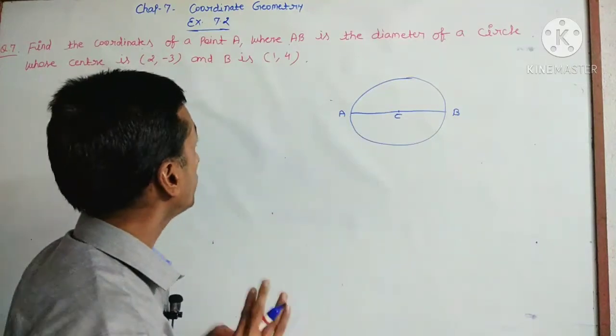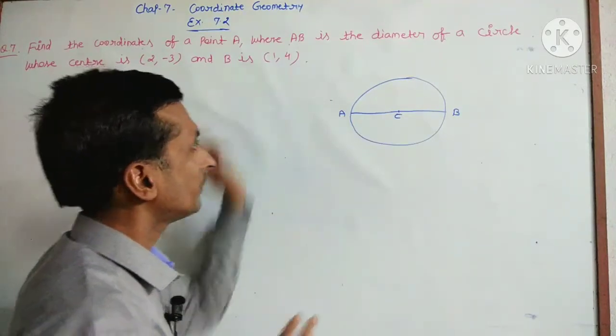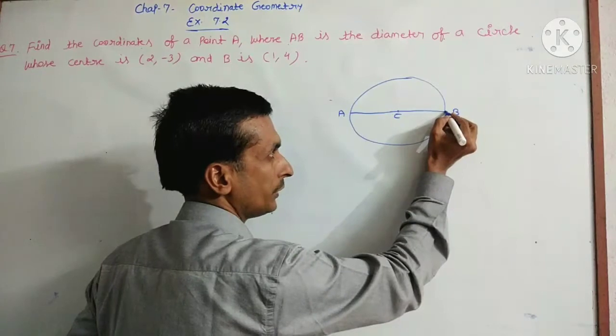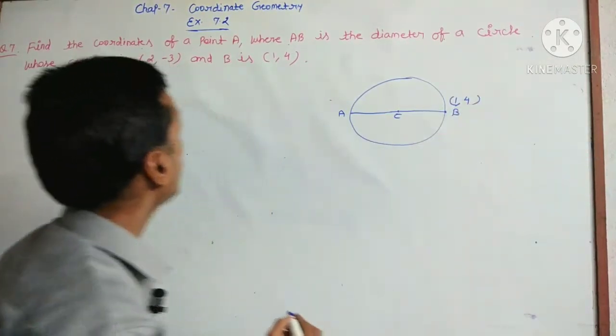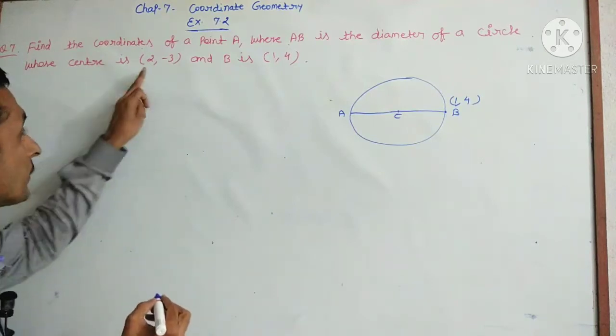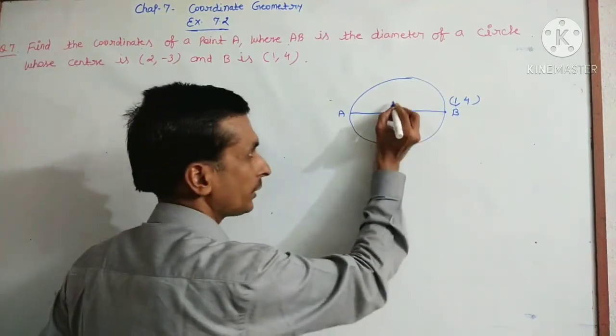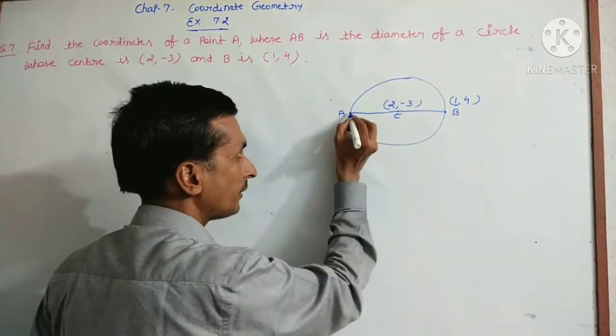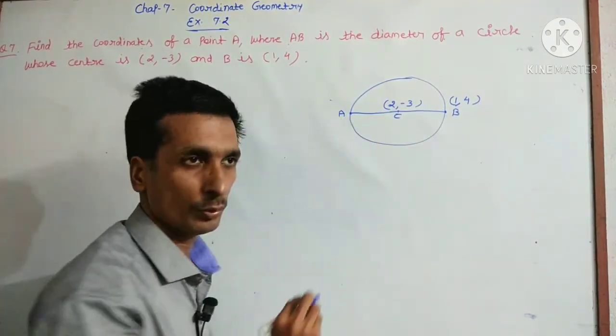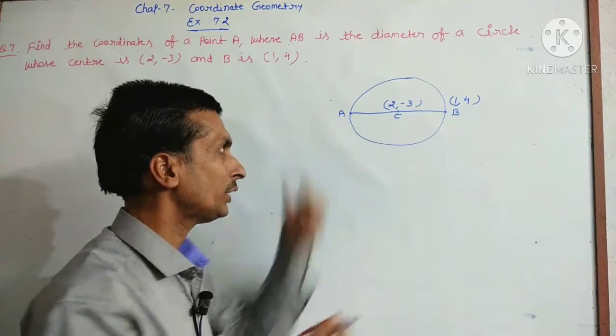Right here, the coordinate of B is (1, 4), okay, and also given is the center (2, -3), so the coordinate of the center is (2, -3), and the coordinate of A you have to find out.